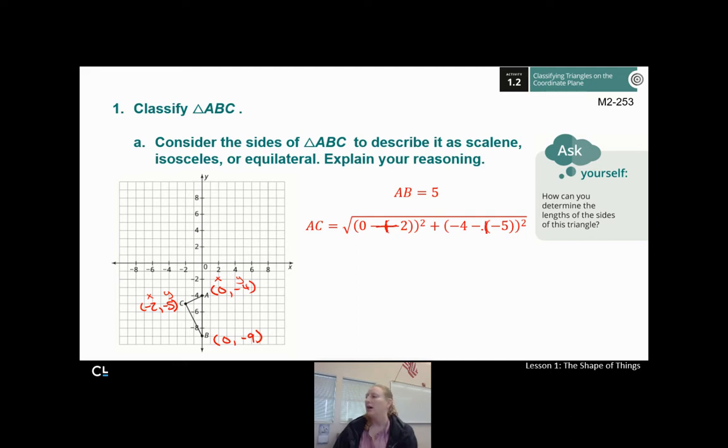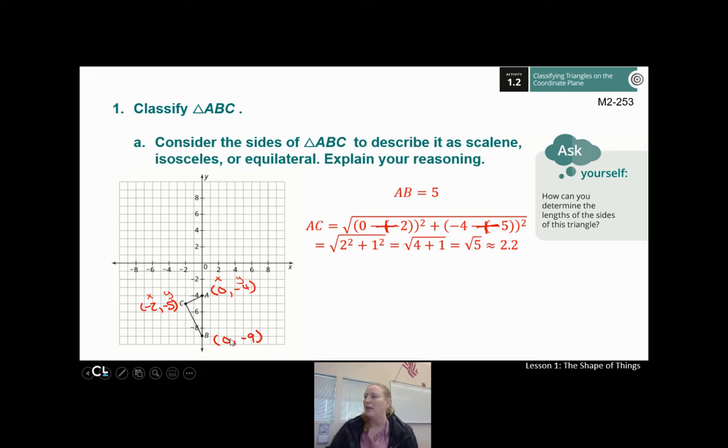Double negative becomes a positive. -4 plus 5 means that will be a 1 squared. So 2 squared is 4, 1 squared is 1, and 4 plus 1, of course, gives us 5. I didn't know the square root of 5 off the top of my head, so I grabbed my calculator and I rounded to the nearest tenth, and I got 2.2. So these 2 sides are not congruent. Good to note.